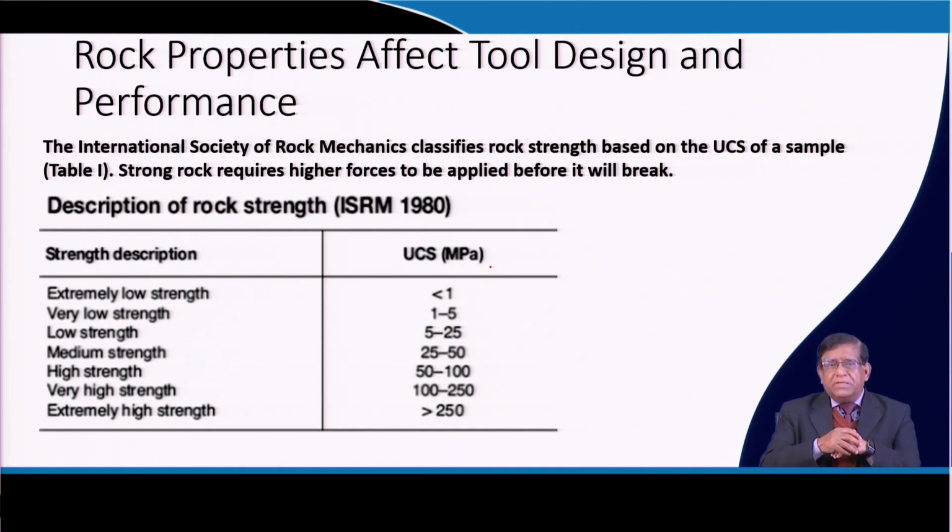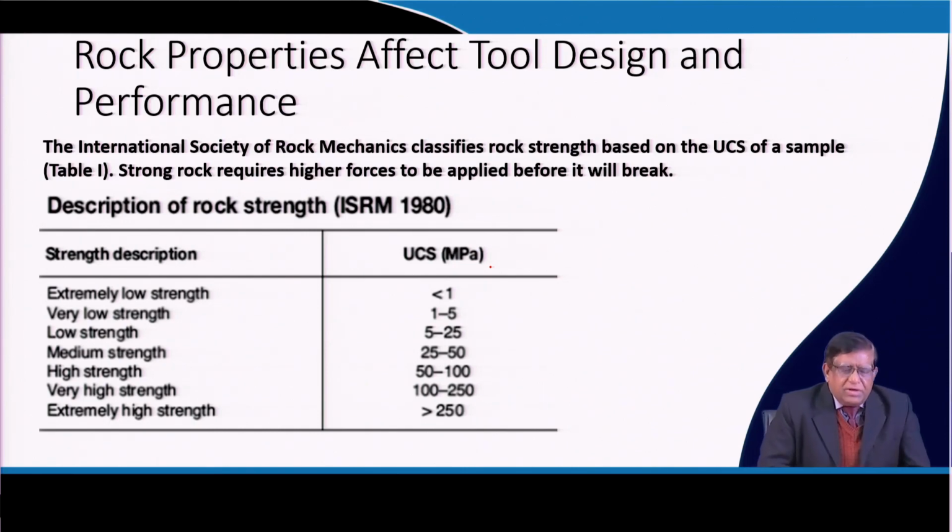So, the two important things are how the tool will be getting worn and how much it will be able to cut or not. Whether it will be able to cut or not will depend on the strength of the rock.